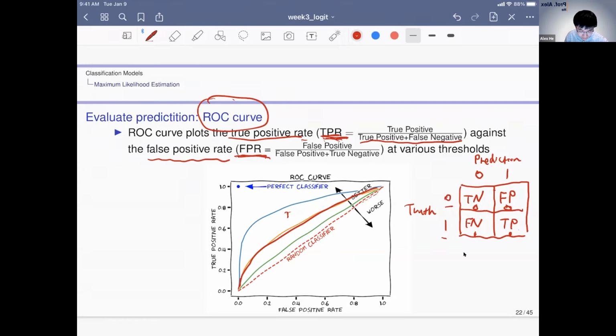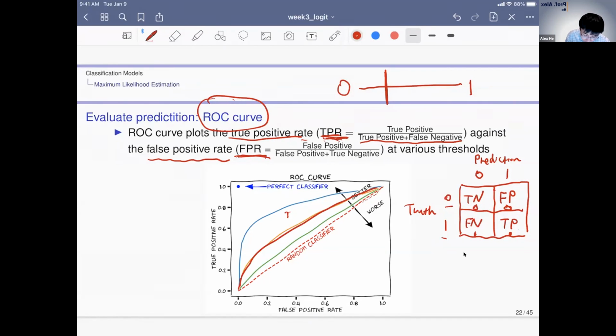For logit, you have a bunch of predicted probabilities that go all the way from 0 to 1. Then you can set a threshold, any threshold.